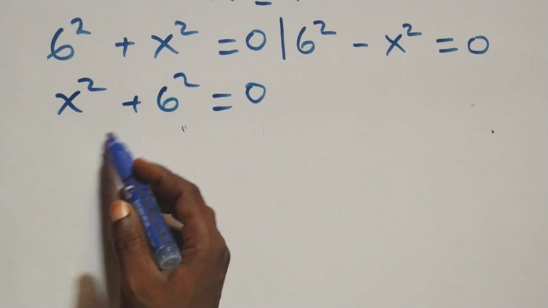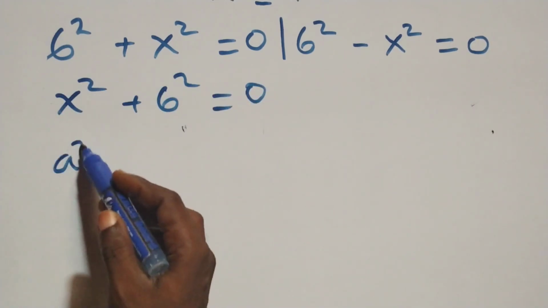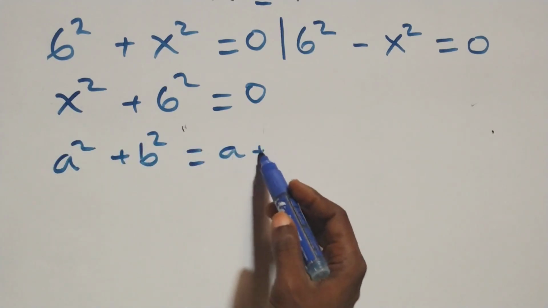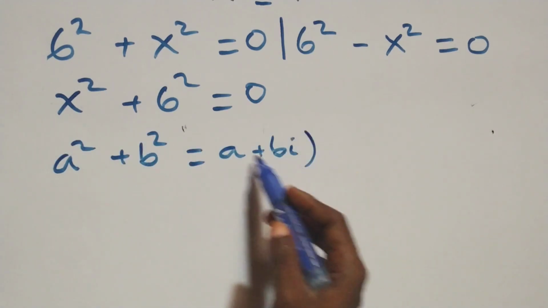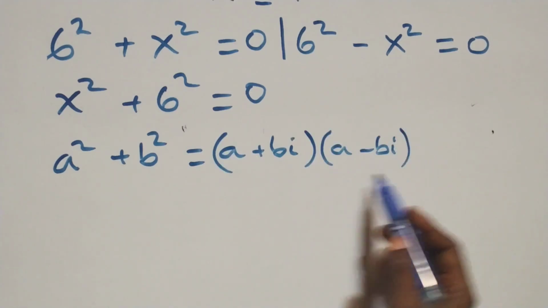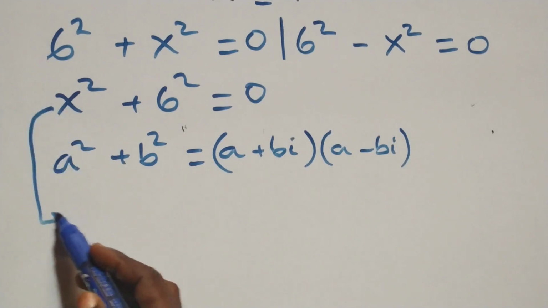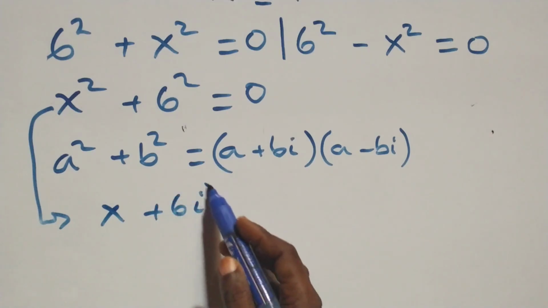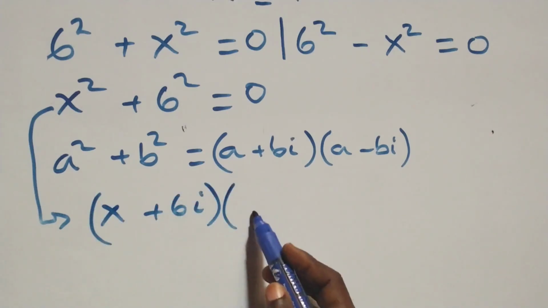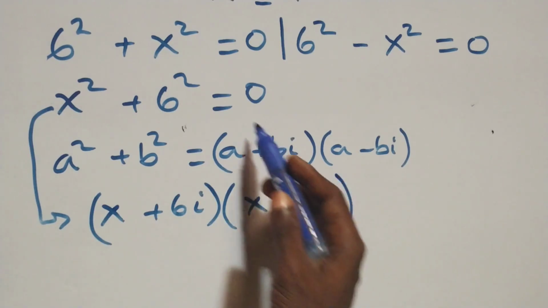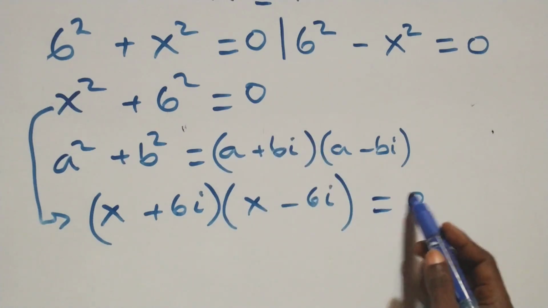Then this follows when we have a squared plus b squared, which can be written as a plus bi into brackets, then open bracket a minus bi. Then here, what we have becomes x plus 6i into brackets, then open bracket x minus 6i close bracket, which is now equals to 0 from here.